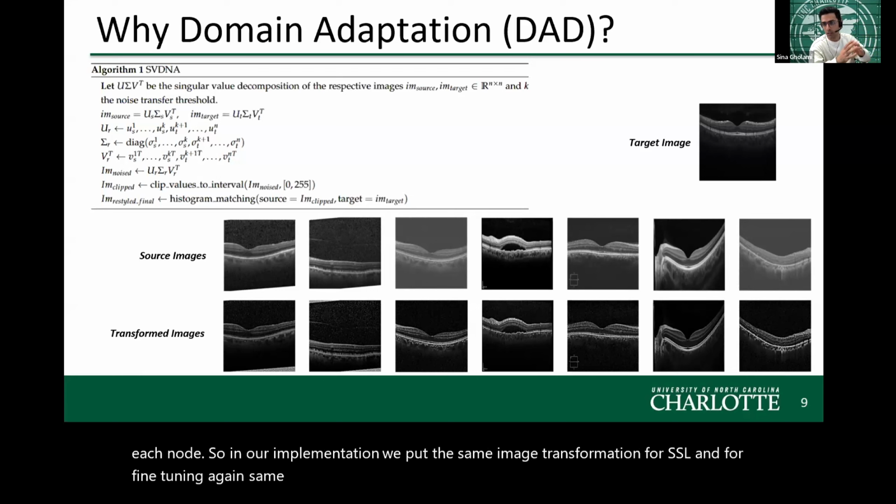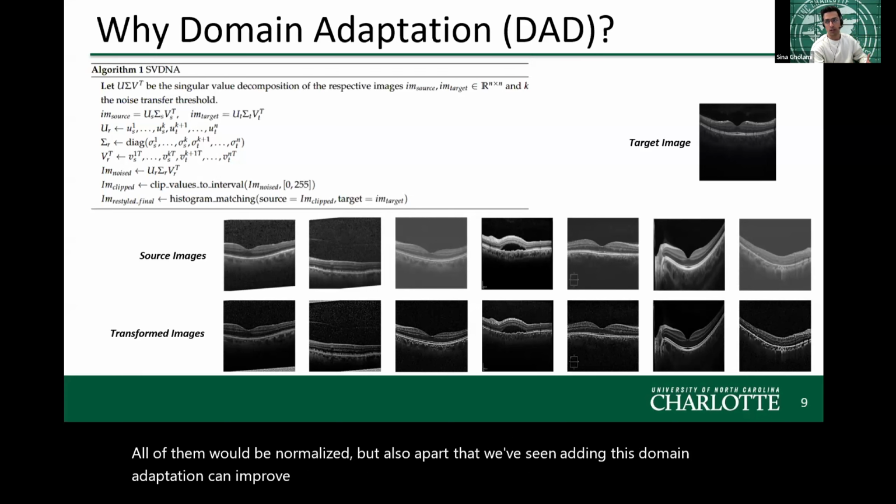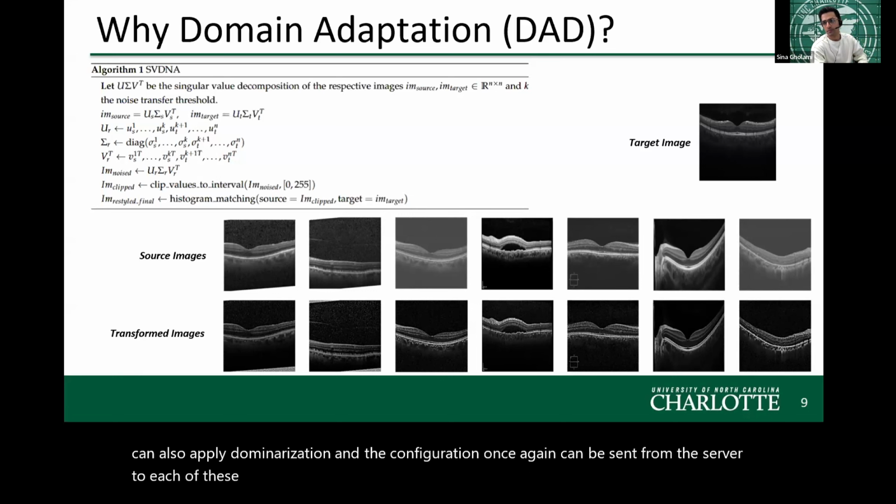For example, all the images would be resized and all of them would be normalized. But apart from that, we've seen that adding domain adaptation can improve the performance of our model. So we said, apart from this, we can also apply domain adaptation, and the configuration, once again, can be sent from the server to each of these nodes.